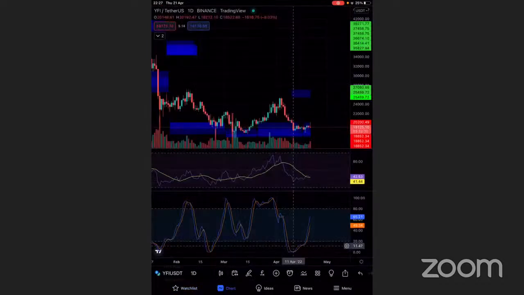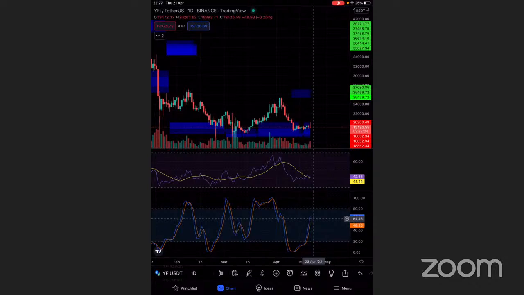Like right now, this is not the correct time to enter YFI according to my strategy of using the RSI. This is not the time because here you can see the stochastic has already risen and it's around 62%. It means this coin has already gone up by 64% on the RSI. So it's going to lose strength.